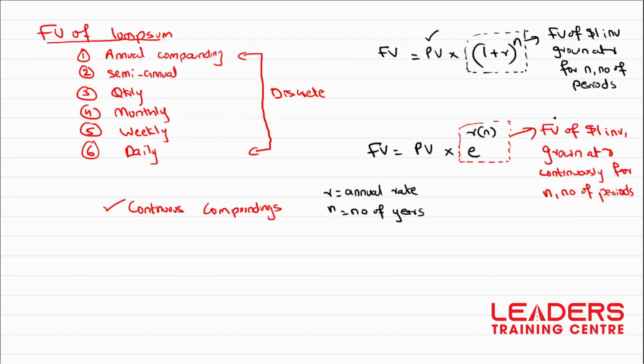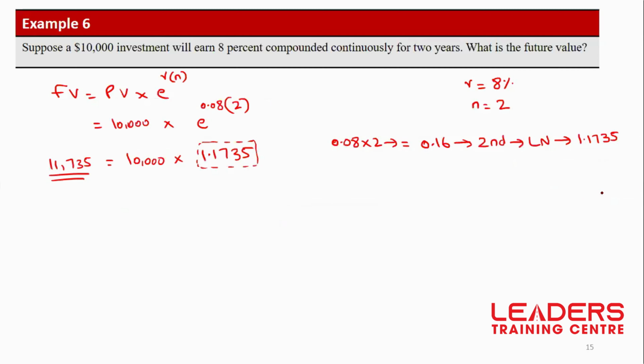Remember what we wrote here: future value of $1 investment that grows at R continuously for n number of periods. So this is the future value of our $1 investment that has grown for 2 years continuously at a rate of 8%. So after 2 years, your $1 becomes 1.1735. If I can have it for $1, I can get it for $10,000 as well, and that gives us 11,735.